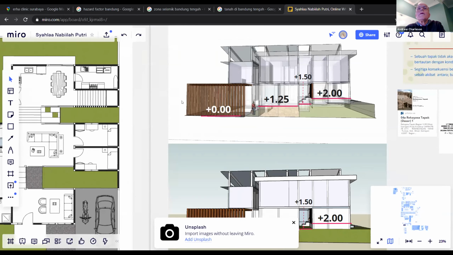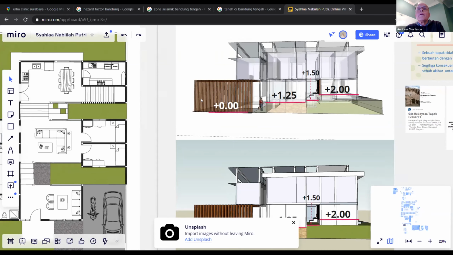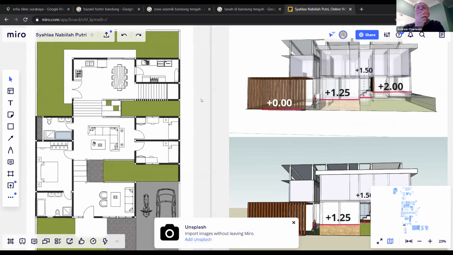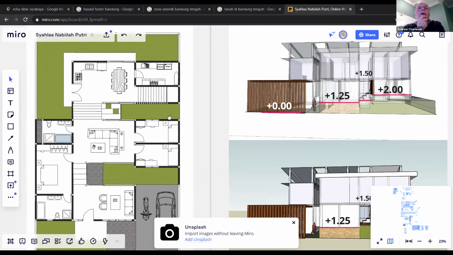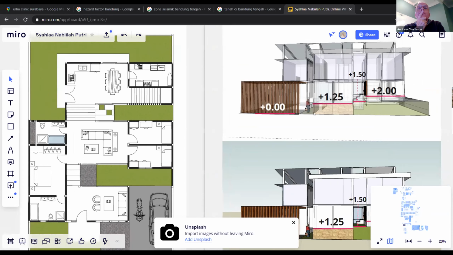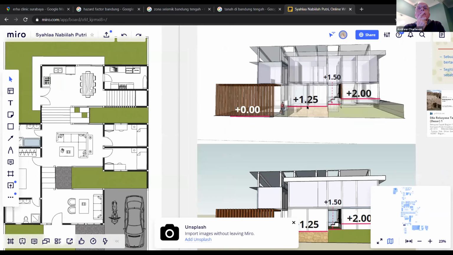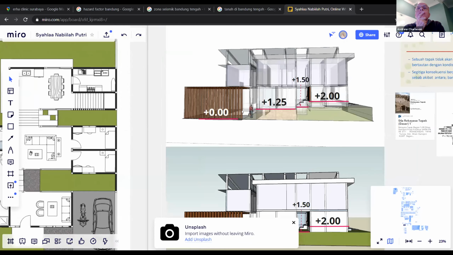The lecturer said that the maximum height from the top of your foundation to the floor is 1.25 meters. So I'm planning to have the ground be, rekayasa itu apa ya, Bu? Rekayasa tapak. Modification?